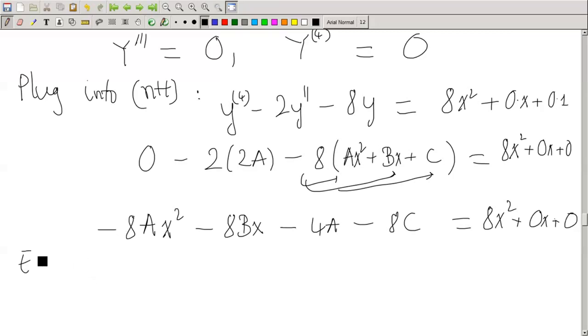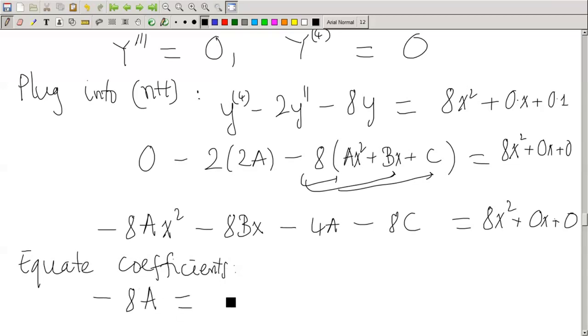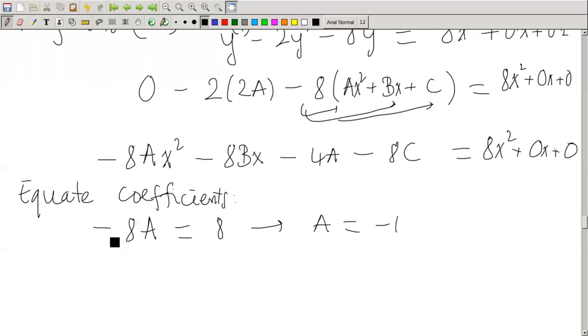Equate the coefficients, we get minus 8a equals 8. So a is -1. And next, minus 8b, the coefficient in front of x on the right hand side is 0.